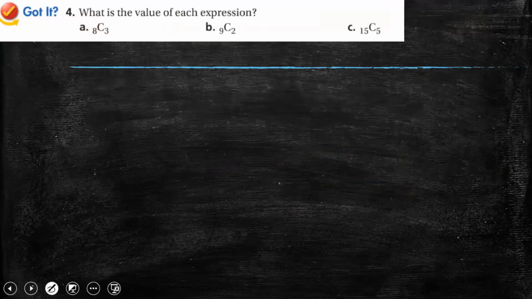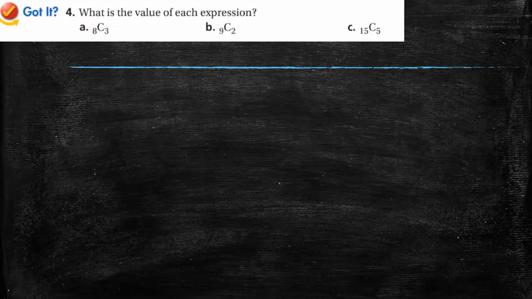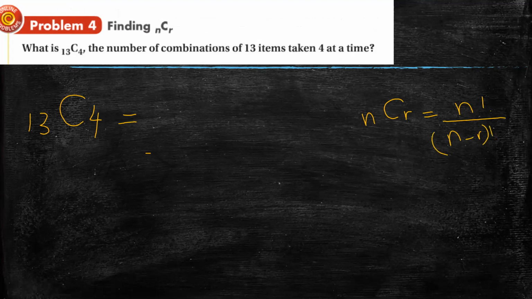Let's have this example now. What is the number of combinations of 13 girls, as an example, taken 4 at a time? What is the formula of the combination? I will write it here: 13 factorial over 13 minus 4 factorial multiplied by 4 factorial.